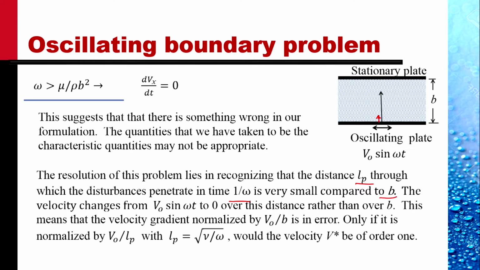Only if it is normalized by V naught divided by LP, with LP equal to under root nu by omega, where nu is the kinematic viscosity, mu by rho, should the velocity gradient V star be of order 1.